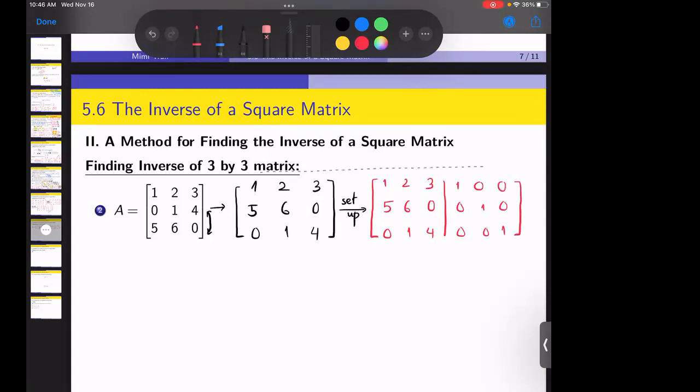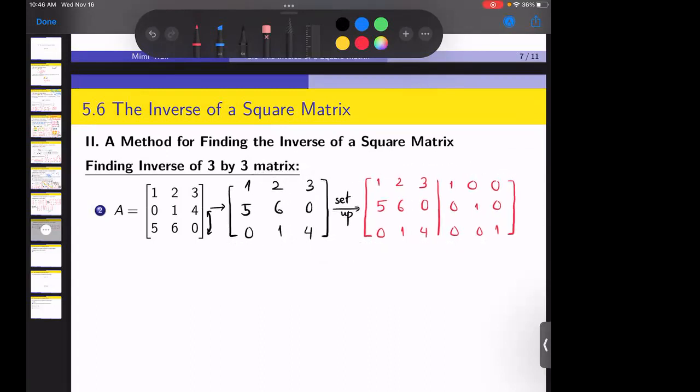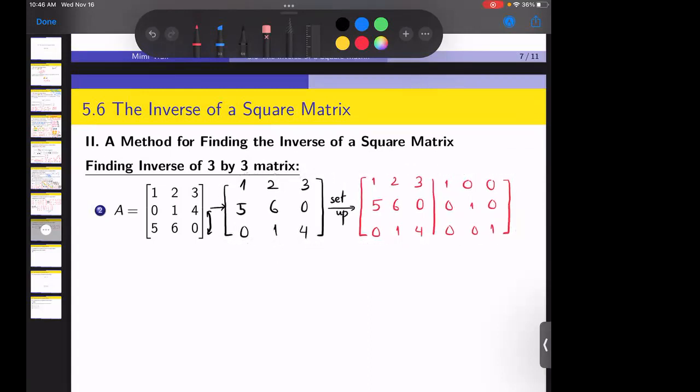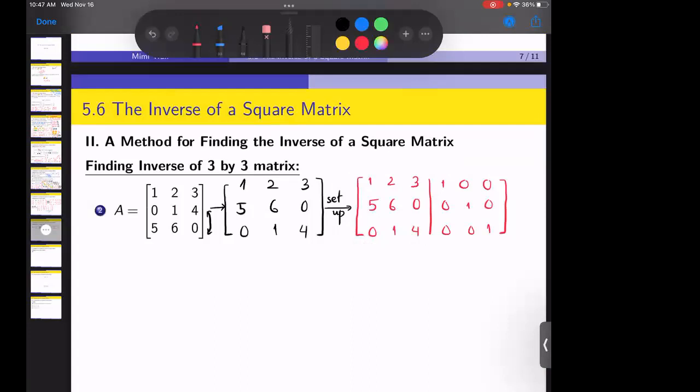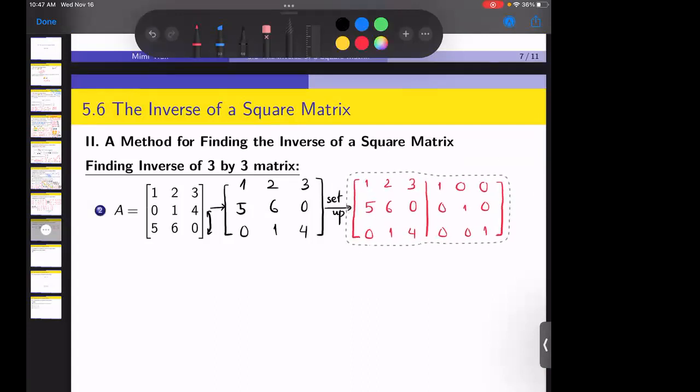I'll give you a head start. Why don't you try that? First step, identify your diagonal.